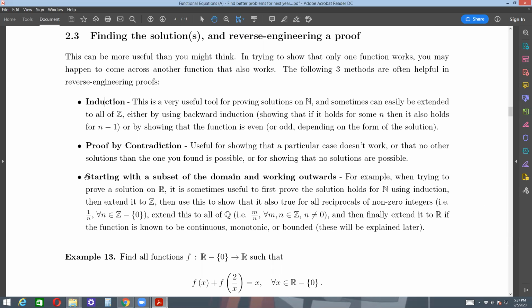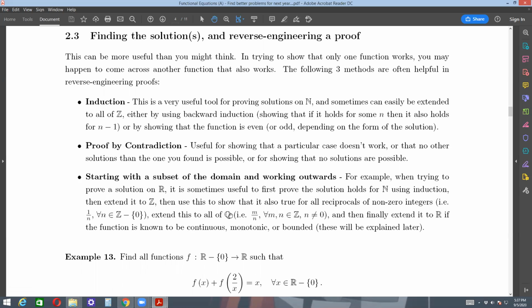This strategy here: start with a subset and then work outwards. The easiest way to apply this is that sometimes you might be able to prove something by induction for integers, even though the set is real numbers. So you might want to start with the positive integers, prove that by induction, and then use a similar strategy to go for the negative integers. And then you go for maybe reciprocals, so 1 over n.